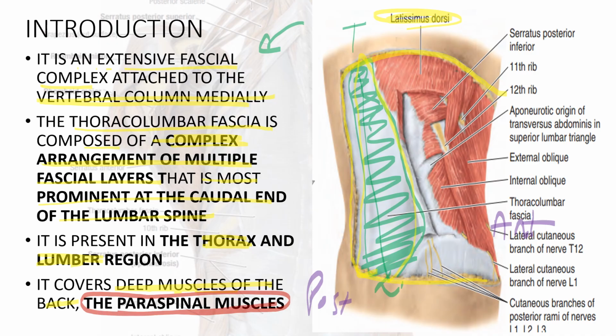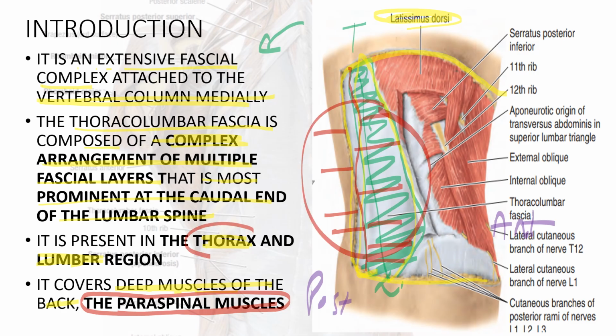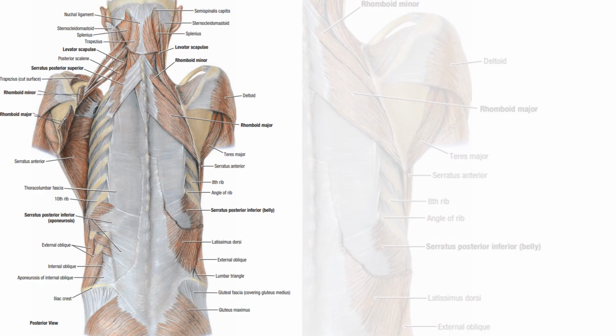Paraspinal, as the name indicates, students, means around the spine; these are lateral to the spine, these are paraspinal muscles. So thoracolumbar fascia is the fascial extension which is present in thorax and lumbar region, and it covers the paraspinal muscles.